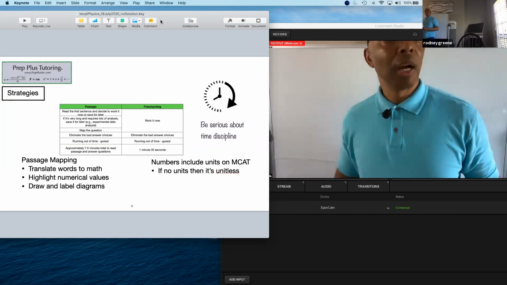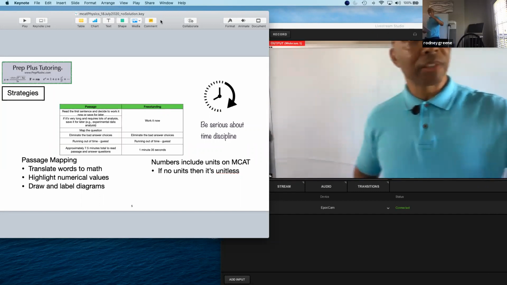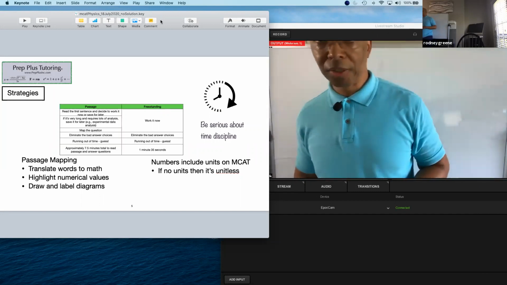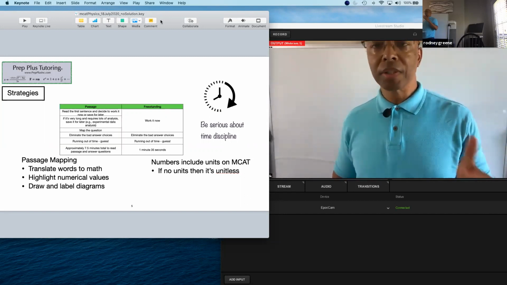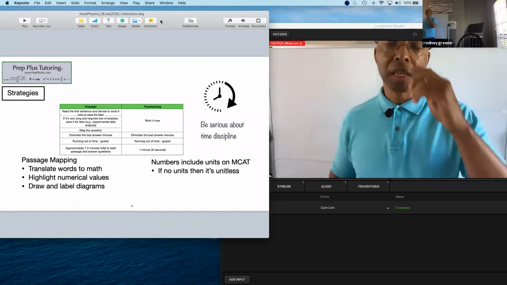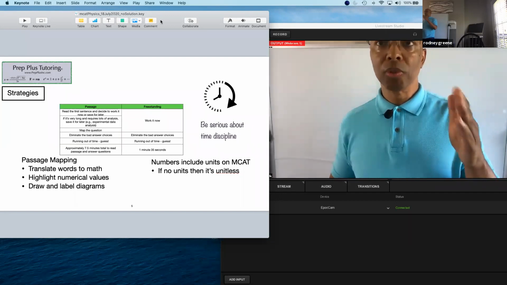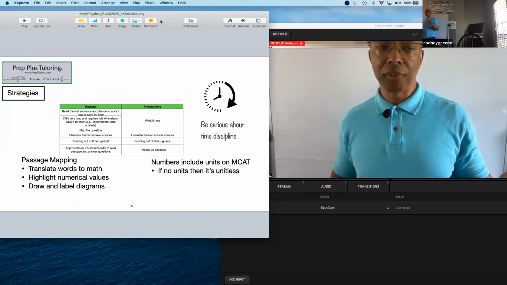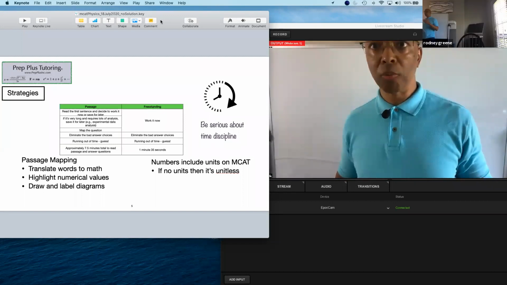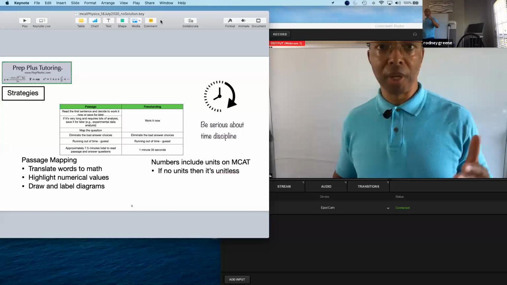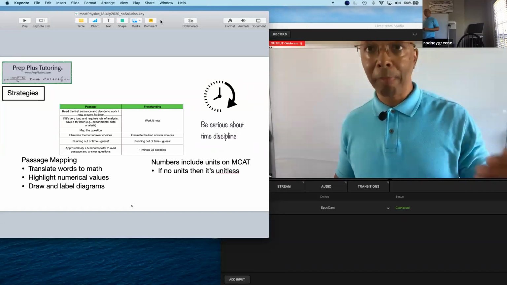just go ahead and fill in the dot. And then if we look at the left-hand side of that table for your passage-based questions, read the first 1 or 2 sentences and make an assessment. Is this something I want to do now, or do I want to save it for later? If it's something you want to do now, then proceed with doing what I call mapping the passage.